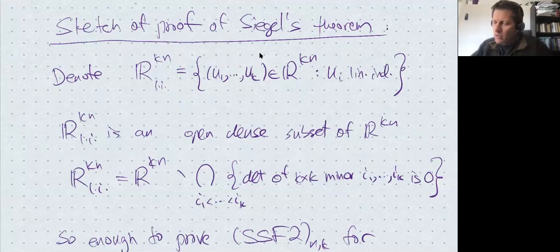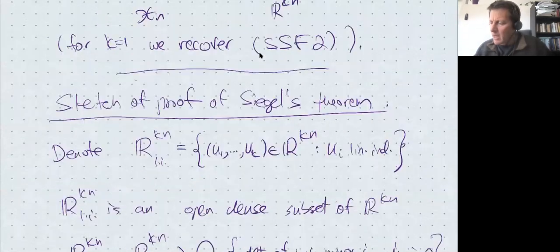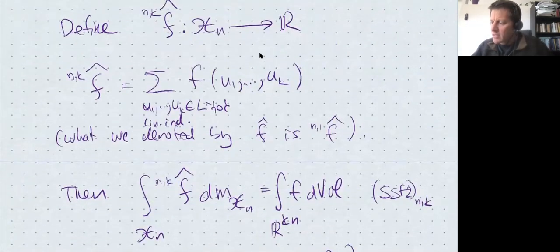For functions which are 0 where you have linear dependencies between the vectors, this expression will not change whether I add linear independence or not, because f evaluated at the linearly dependent tuples will be 0 anyway, since it's supported outside that set.